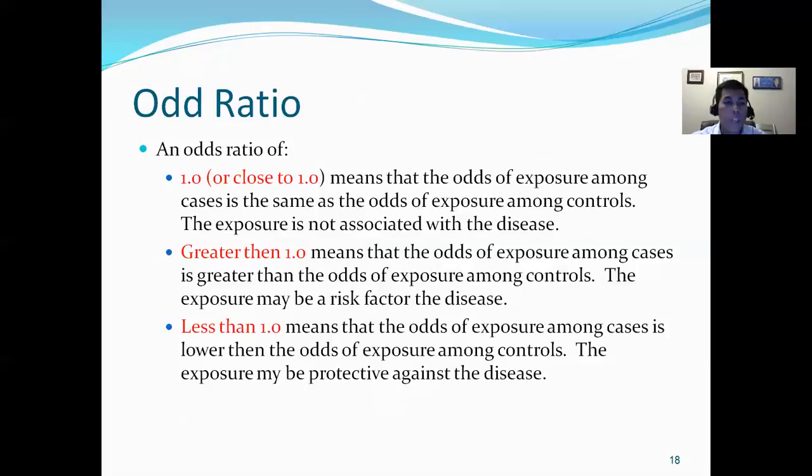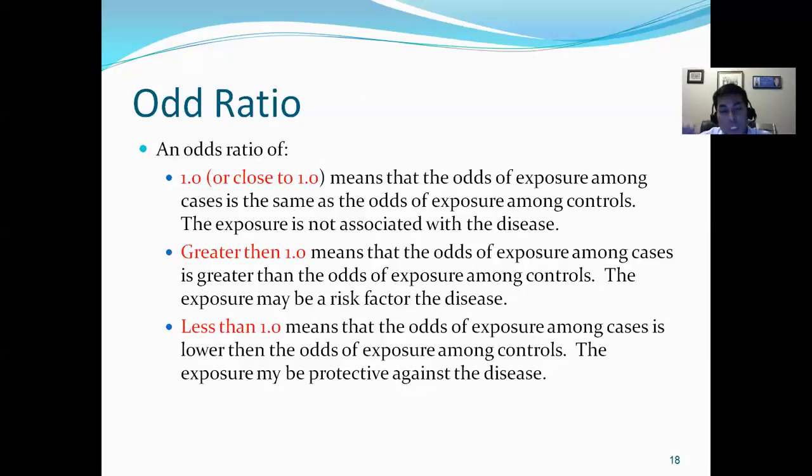So when we interpret the odds ratio, our point of reference is always 1. Anything above that means that the odds of exposure among cases will lead to the disease, and that the odds of exposure among the controls is lower. When we have less than 1, it means that the odds of exposure among cases is lower than the odds of exposure among the controls, and the exposure could be protective because they have less development of the disease.